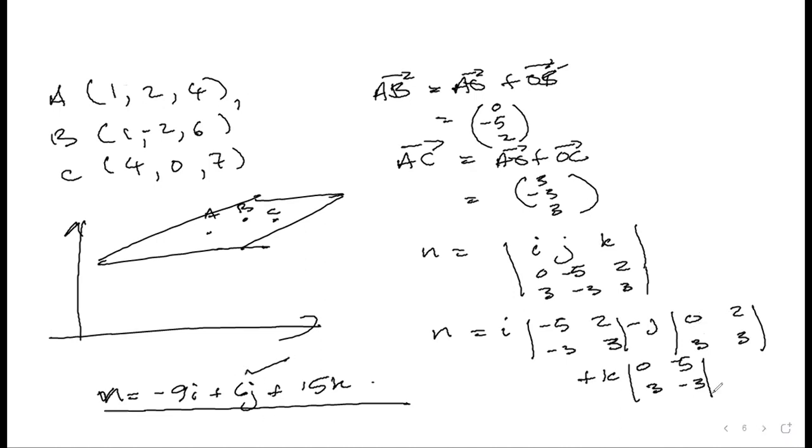Because it's negative 6 and it's a negative J, it will turn into a positive 6J. Correct. So your AX works out to x minus 1, y minus 3, and z minus 4.